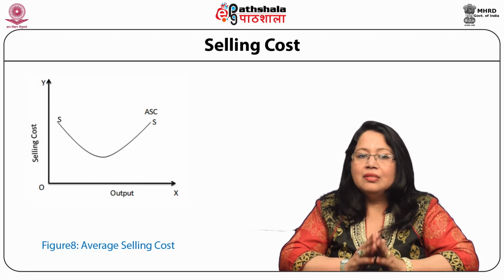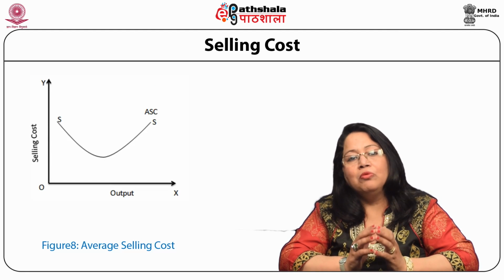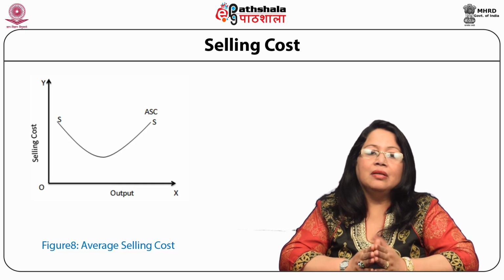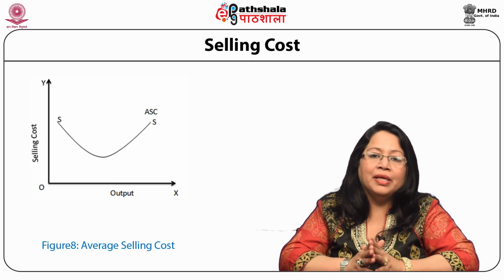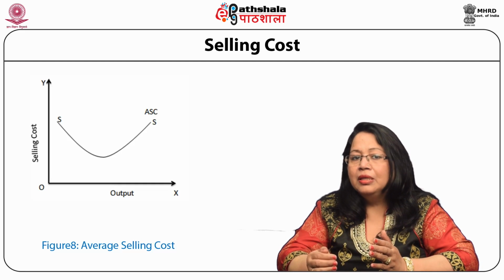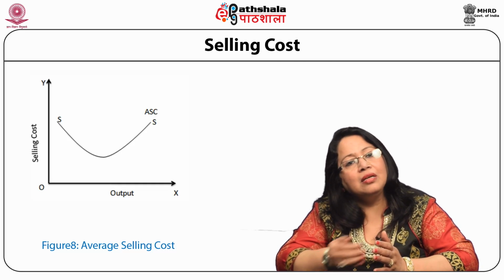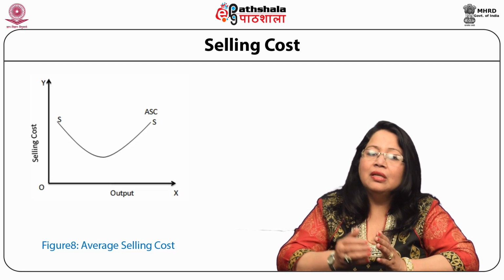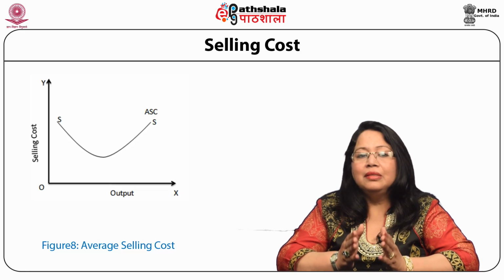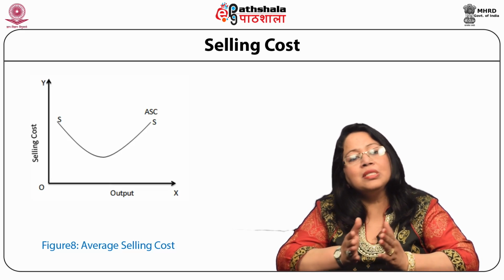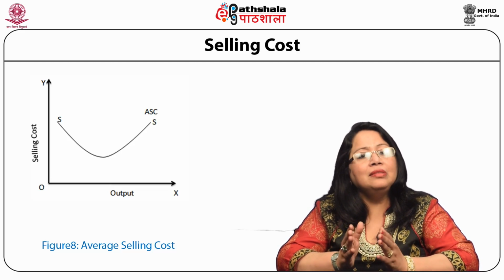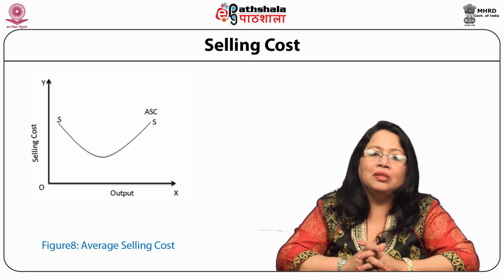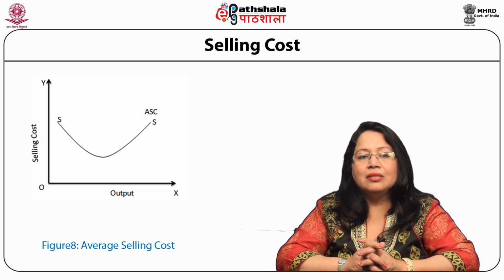It is believed that selling cost is subject to varying returns. In the beginning, there are increasing returns to selling cost, implying more return than expenditure incurred. After a point, diminishing returns, implying less return than selling cost incurred. So, average selling cost is U-shaped, as shown in figure number 8.